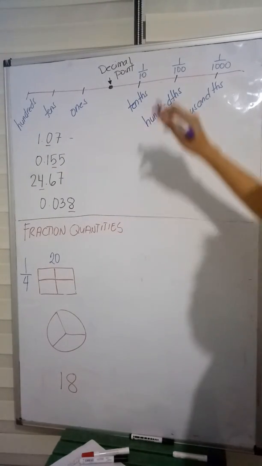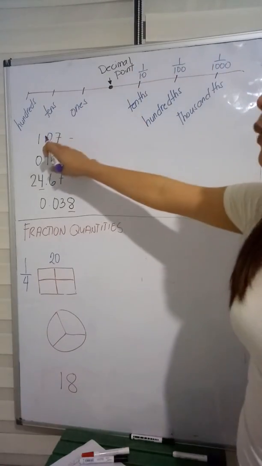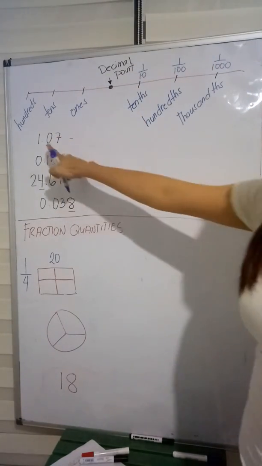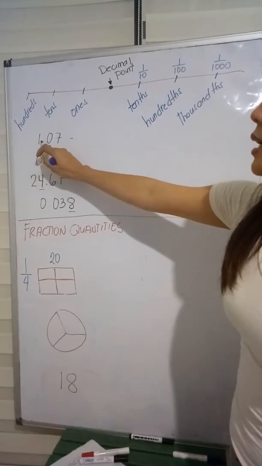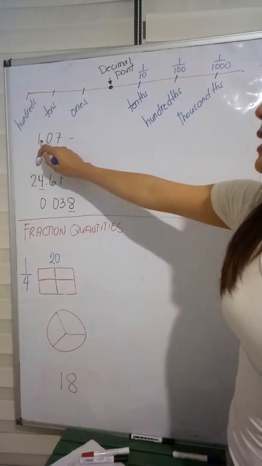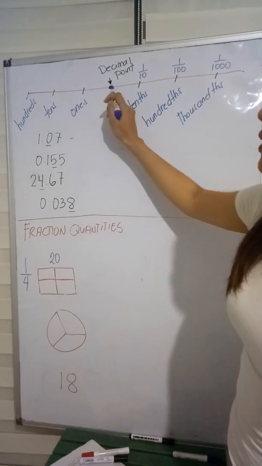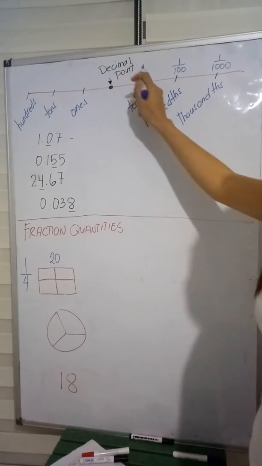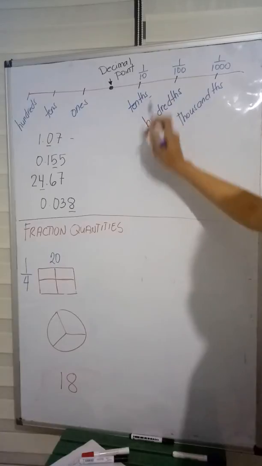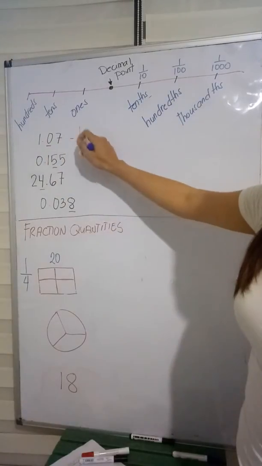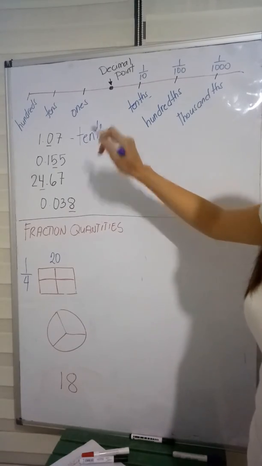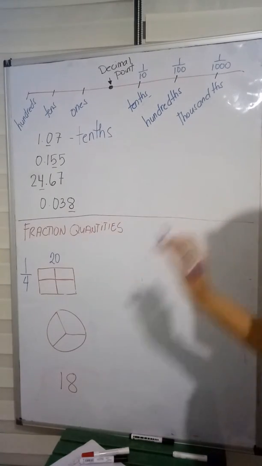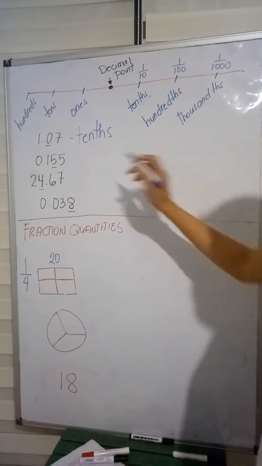All you have to do is look at the number line and see which place it falls into. The first digit after the decimal point, to the right, is what we call tenths. So the answer here is tenths. You just write the word tenths. That's it. That's the answer.